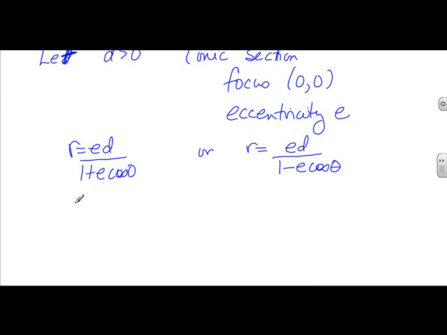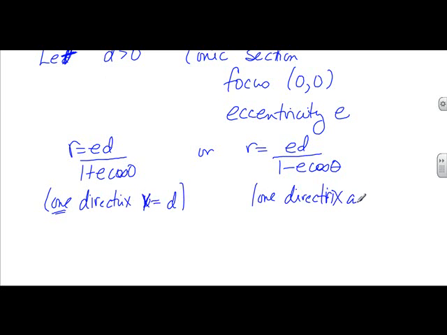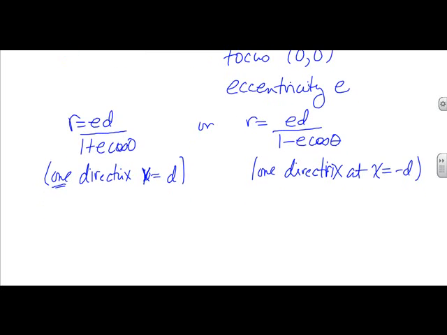It might be the only one, it might be one of two. One directrix at x equals d if you have a plus, and at x equals negative d if there's a minus in the equation. If the directrix is vertical, then you've got a conic section that curves away from that directrix. So that makes the foci and the vertices on the horizontal axis.